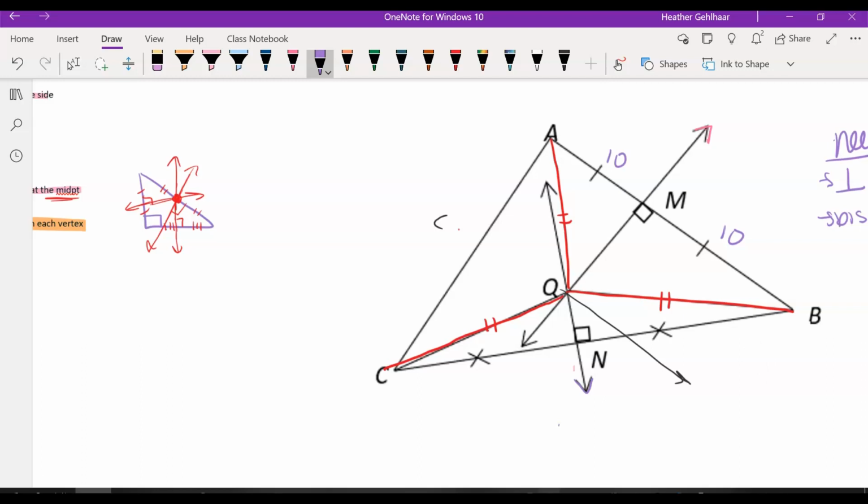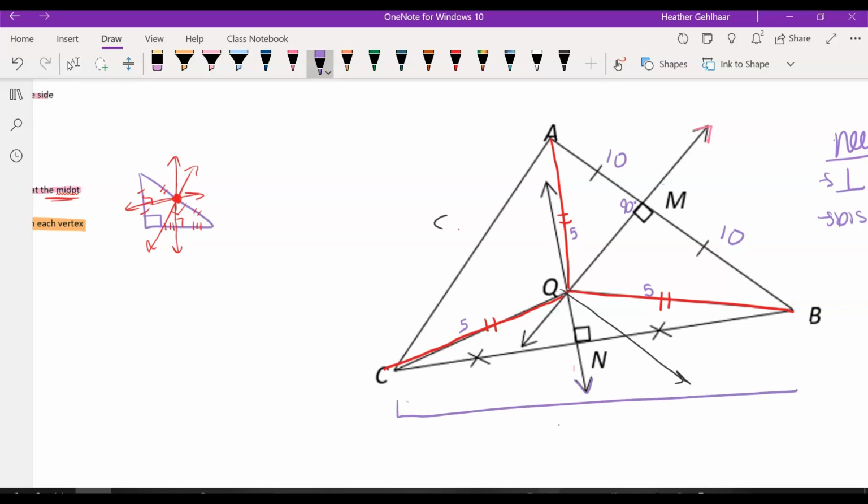If QMB is 90 degrees, because of the right angle, we know AMQ is also 90 degrees. If I know that QB has a length of 5, AQ has a length of 5, CQ has a length of 5.